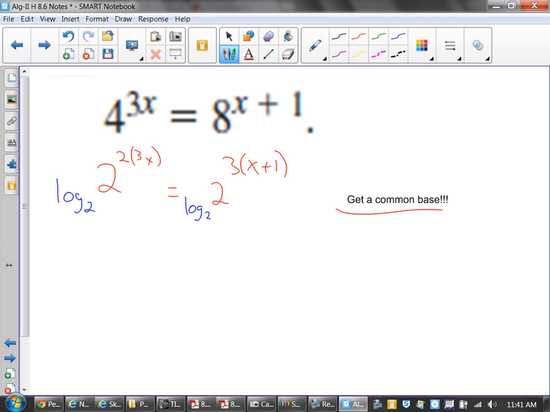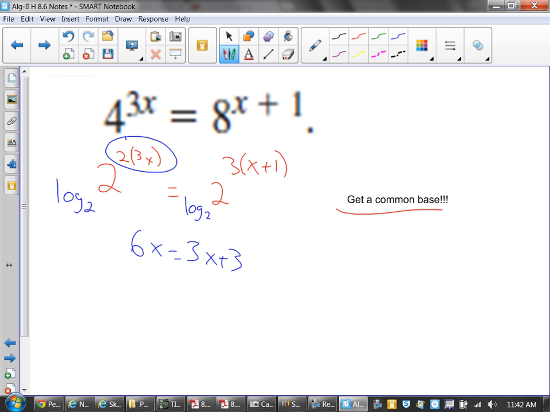Watch what happens. Are these two bases the same? What happens to the exponents then? They fall. So what's 2 times 3x? What I have done there is I've eliminated the bases by taking the log of both sides.